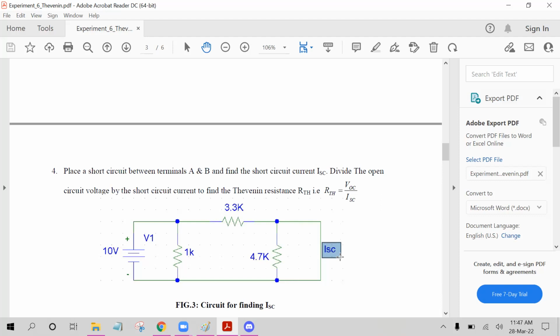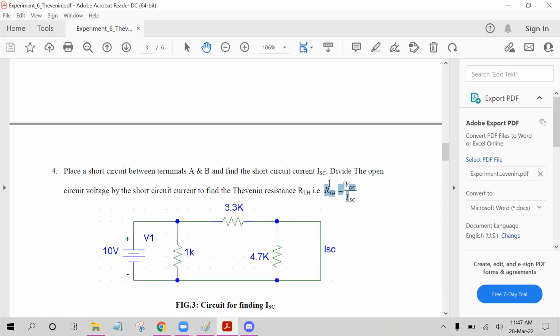We can use an ammeter to measure this current, and then use Ohm's law to find RThevenin. RThevenin equals the open circuit voltage, which is the same as VThevenin, divided by the short circuit current. This is the formula we are going to use today for RThevenin.